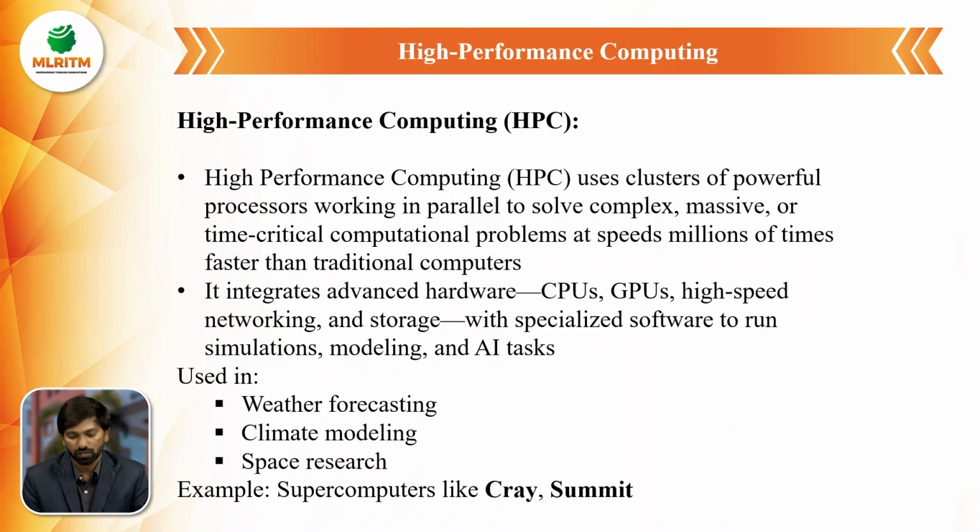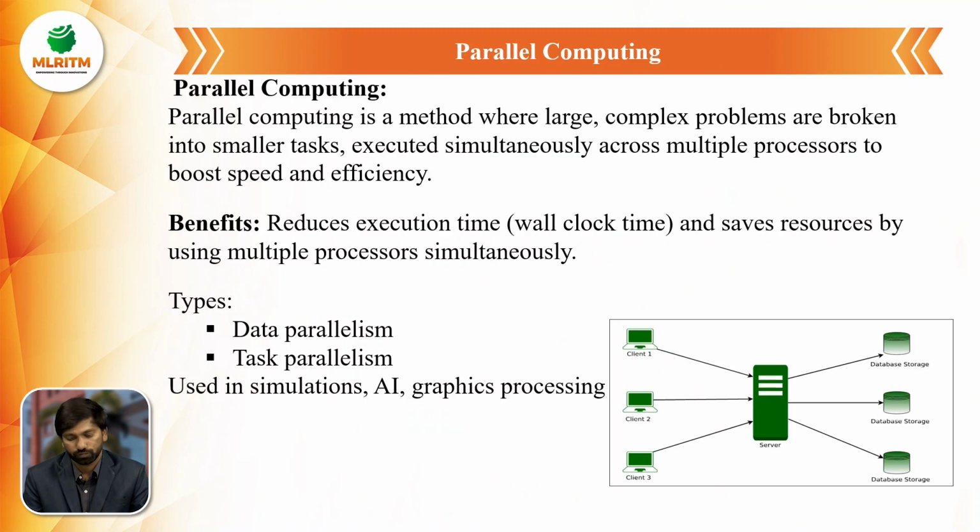It integrates advanced hardware, CPU and GPU, high speed networking and storage with specialized software to run simulation, modeling, and AI tasks. Used in weather forecasting, climate modeling, and space research. Examples of high performance computing are supercomputers like Cray and Summit.